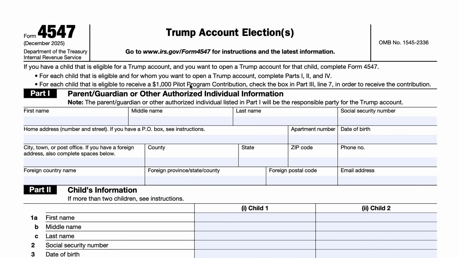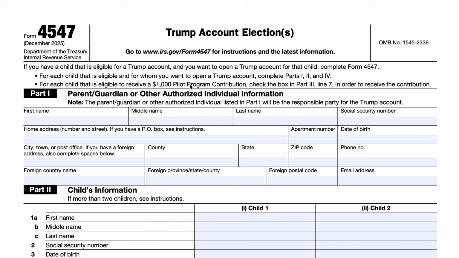Generally speaking, the IRS has defined those as a mutual fund or an exchange traded fund that deals predominantly with U.S.-based companies. So, for example, an index fund that tracks the S&P 500 would be considered an eligible investment.